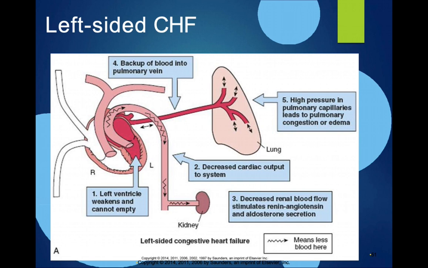Then angiotensin 1 goes into the lungs, meets up with ACE, and gets converted into angiotensin 2, which increases the blood pressure and tries to push out more blood.